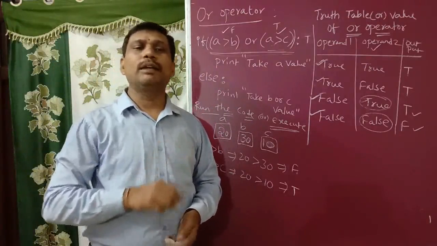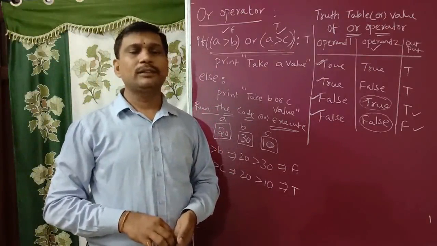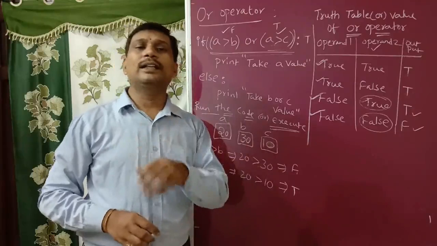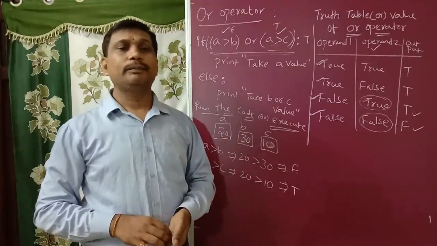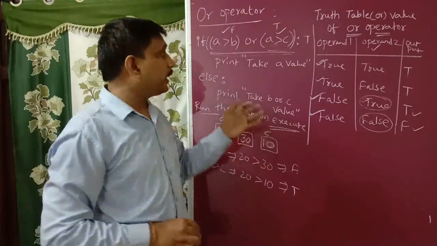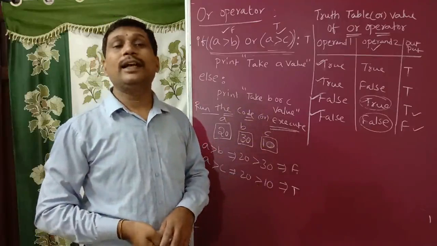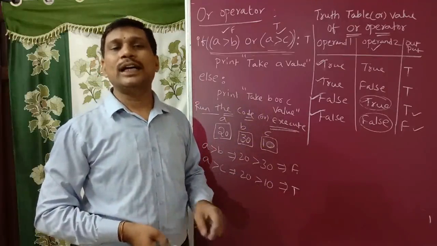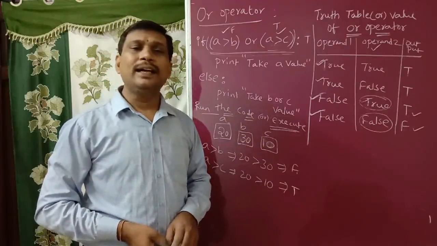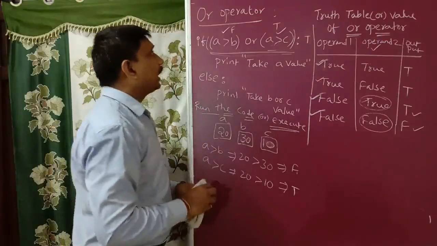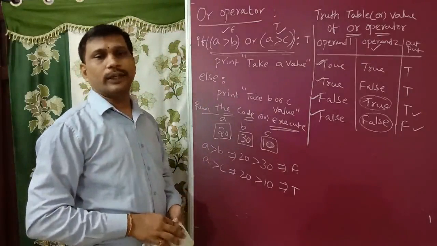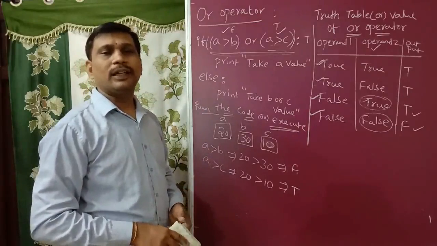A single ampersand symbol for the AND operator is used for bitwise AND. So two types of AND are there, bitwise and logical AND. Today and yesterday we discussed logical AND and logical OR. In this way the OR operator is executed in a computer programming language.